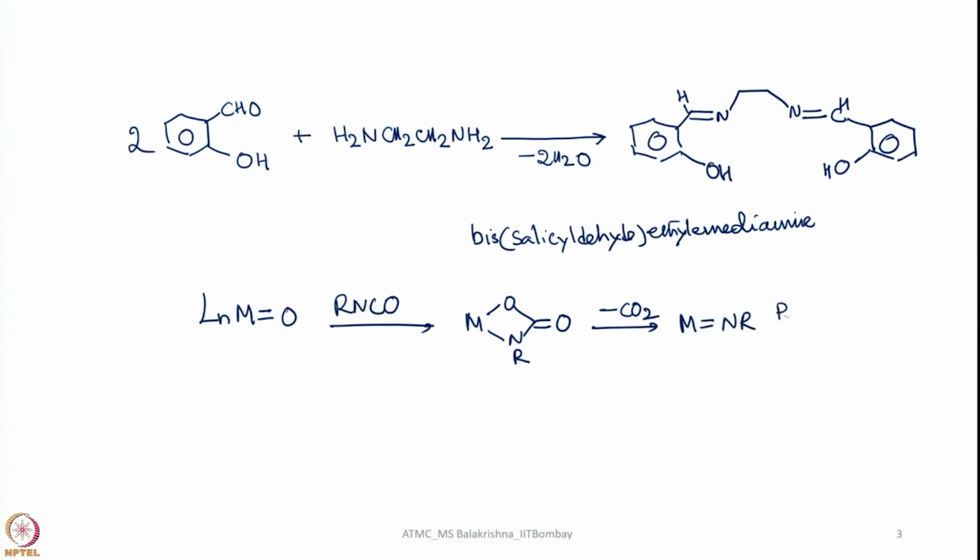This on further treatment with another RnCO can give a compound like this. So, these are a very important class of ligands called ureto and carbamato complexes.